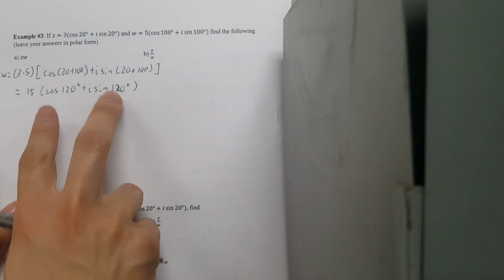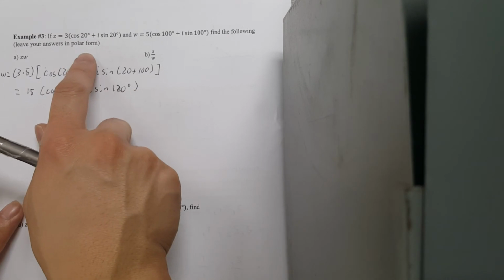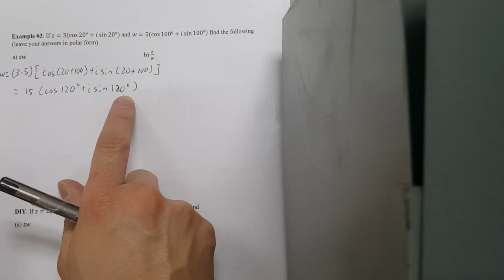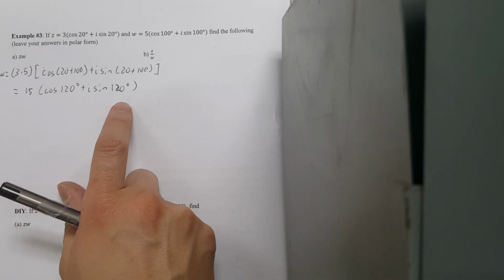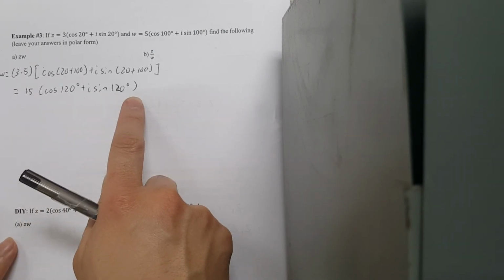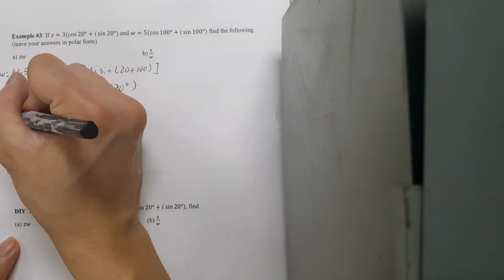And that's it. Don't evaluate this because they want it in polar form. Don't find the cosine of 120 or the sine of 120. If they ask you to change it into rectangular form, then yes, you could go ahead and do that. But right now, this is the answer in polar form. That's letter A.